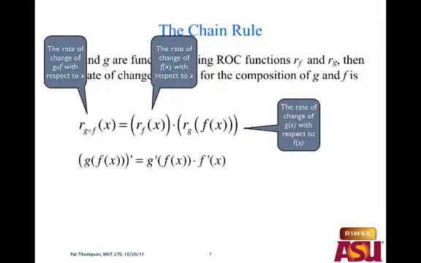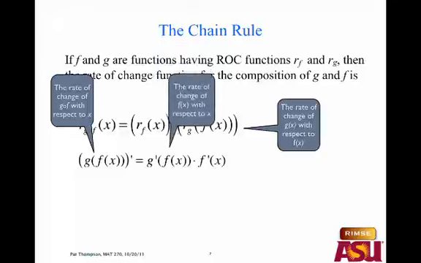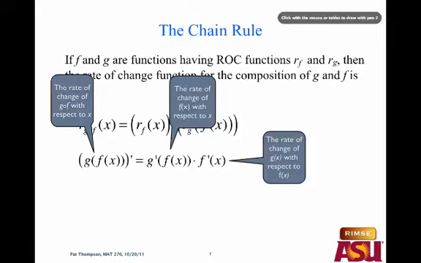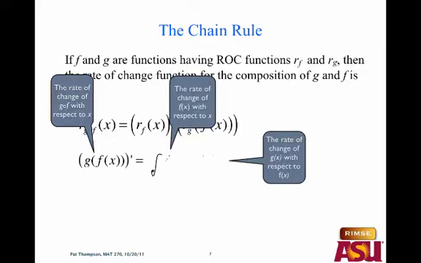So written with the prime notation, it's the same wording though. The rate of change of the composite function is, oh, I forgot to change them. Okay, so that's what that would be.